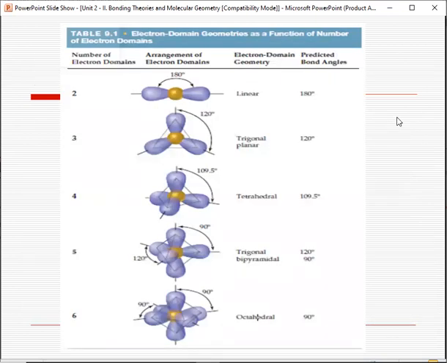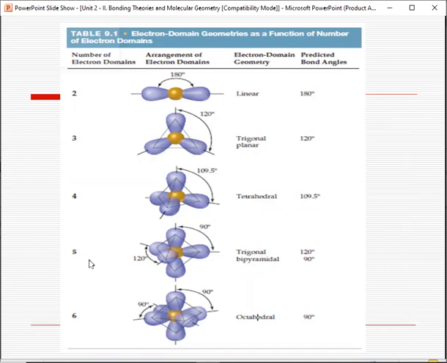So in summary, for linear, 180 degrees. For trigonal planar, nga naa siya 3 ka outer atoms, 120 degrees. Tetrahedral na ay 4 ka outer atoms, tag 109.5 yang angle.